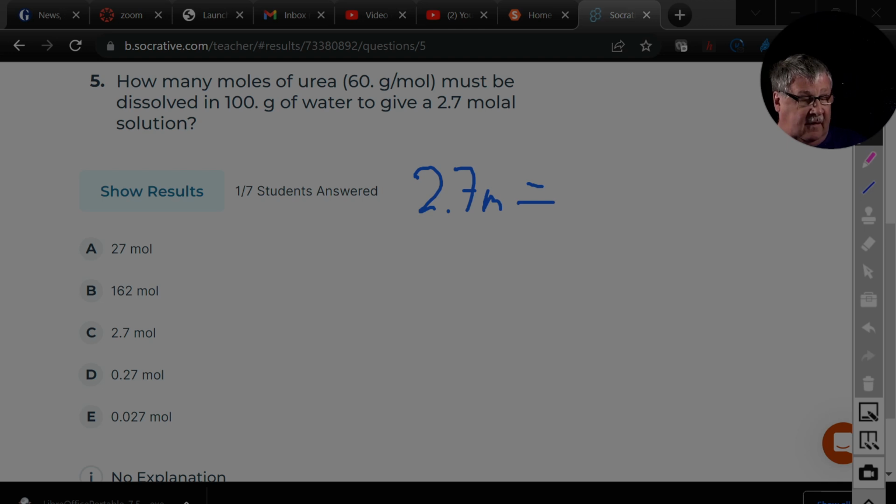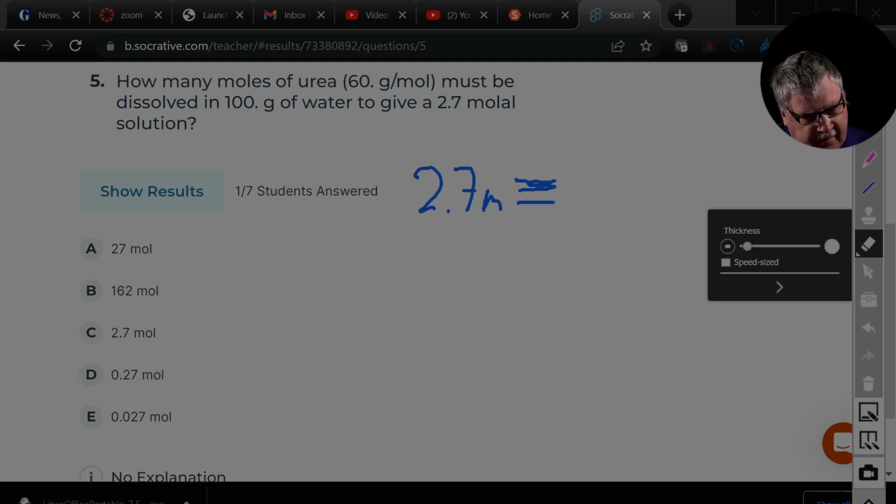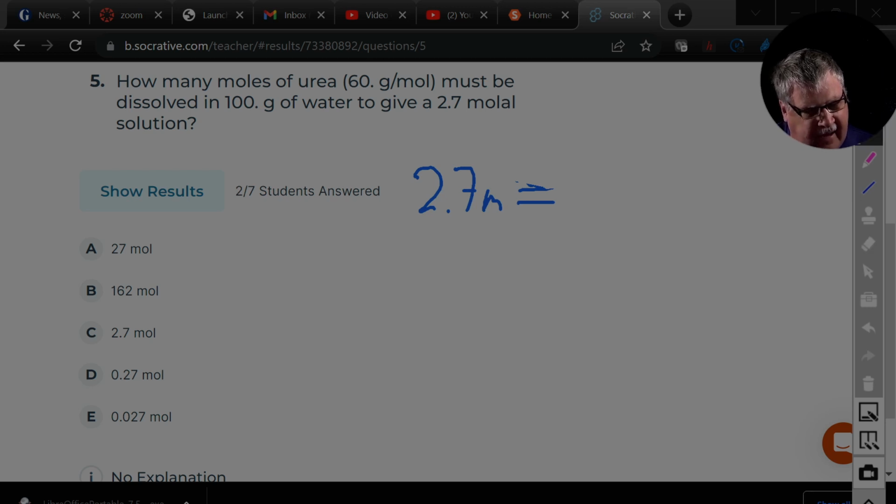If I say something is 2.7 molal, what does that mean? What is the definition of molality? Moles of solute per kilogram of solvent.